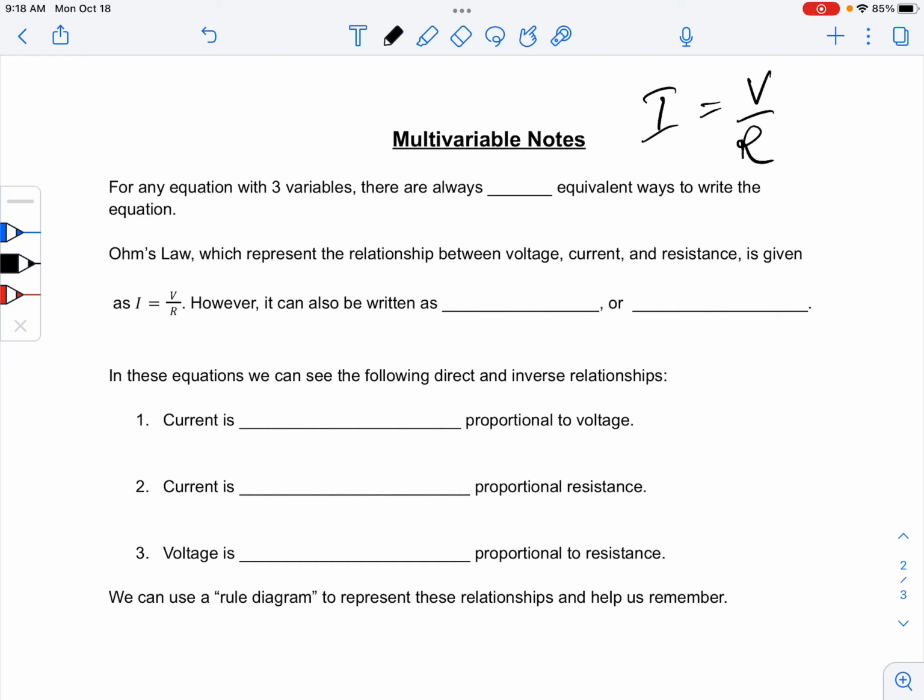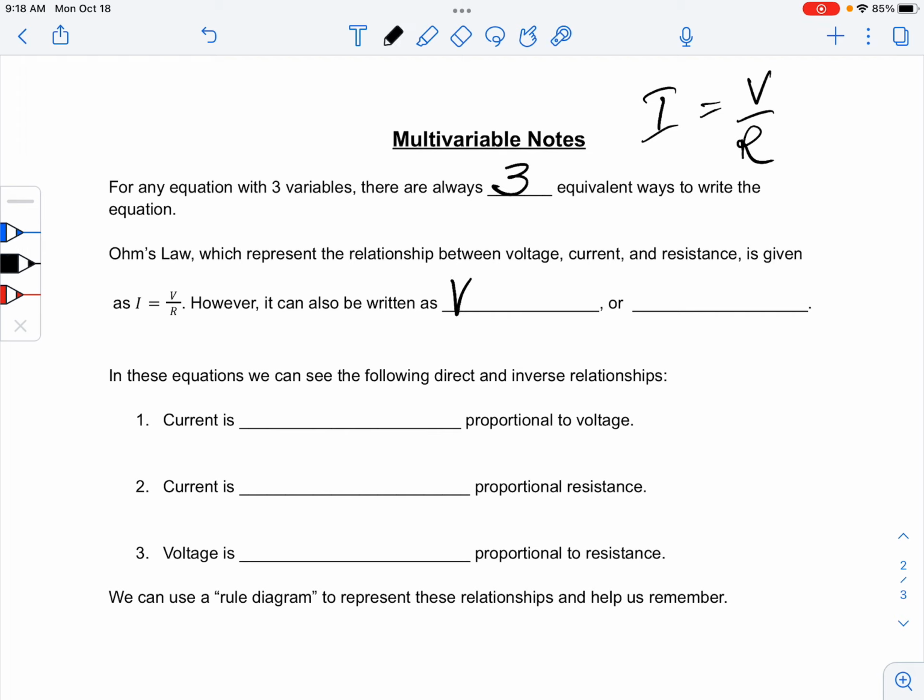For any equation with three variables that is of this form, there are three different ways that we can write this equation. Ohm's law, which is what we've been looking at, represents the relationship between voltage, current, and resistance, and is given this way, but it can also be written in two other ways.